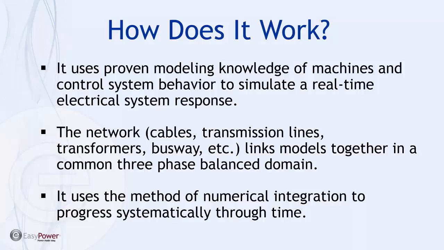So each model, each machine, each generator, each element has a model that's been developed, and they are interconnected through the network, which is, in essence, the database that we've created as we do a one-line diagram or construct a short-circuit study for arc flash. And so it links together the models, which are the common three-phase balanced domain.